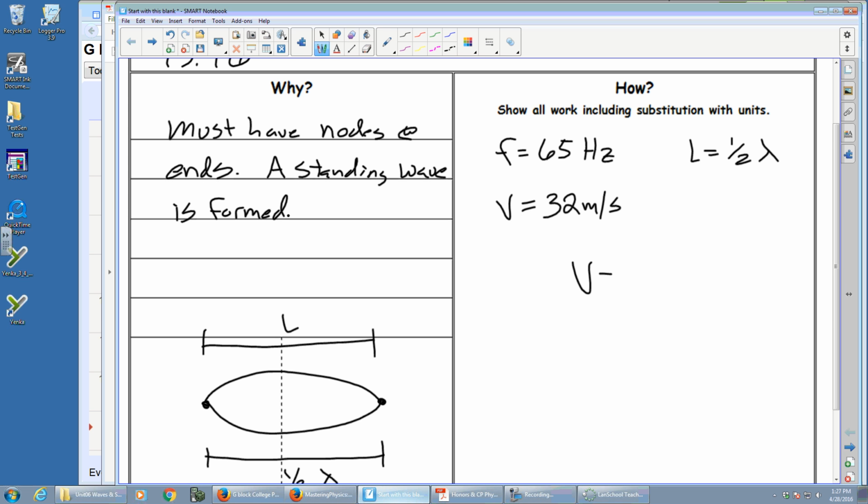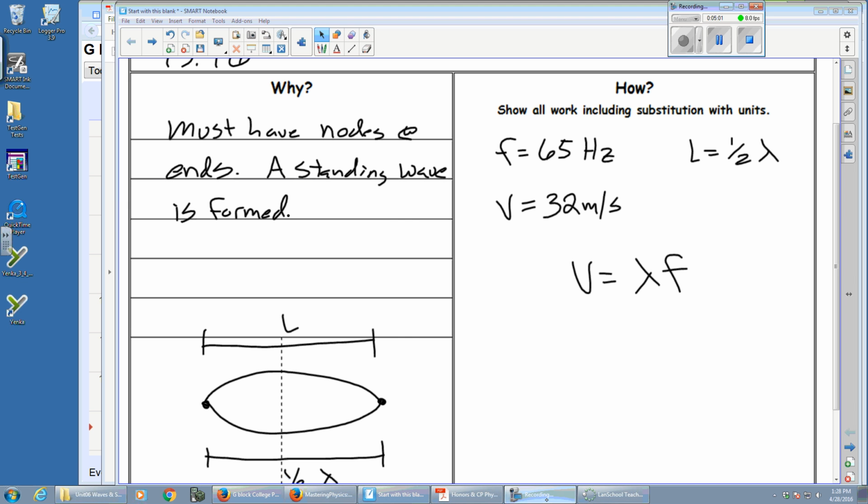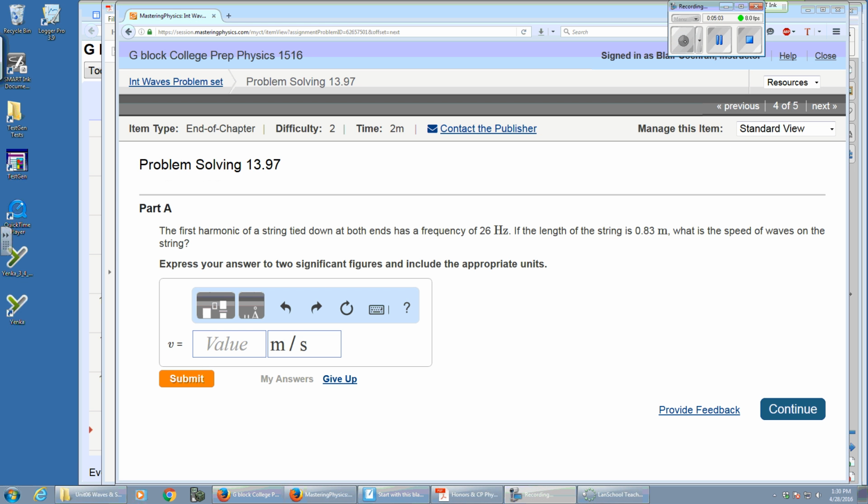Our old friend, v equals lambda f. So now all you need to do is substitute in there, and you can find out lambda and then find out L. Or if you do a little bit of fancier math, you can find out L directly. Give it a try. Let me know if you need help on the math.